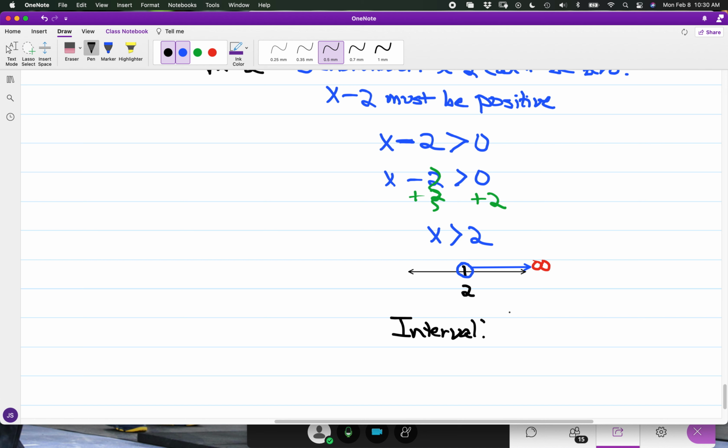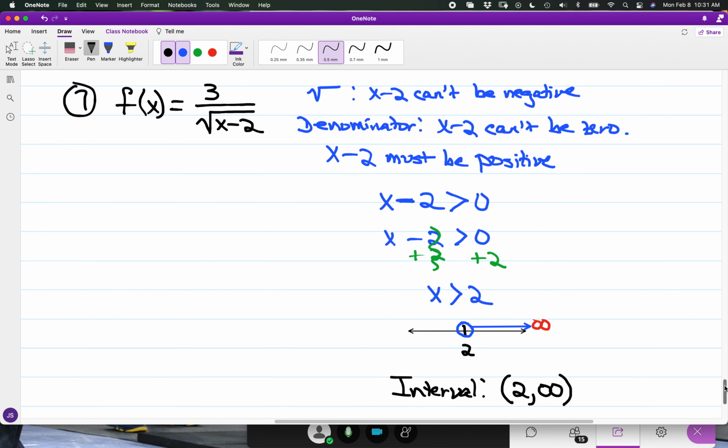So with the interval notation, going past 2, you have 2 in parenthesis, and we have approaching infinity, and again, infinities stay in parentheses. So this will be your interval notation for the domain of this particular radical yet rational function.